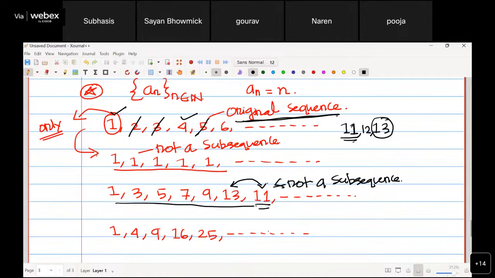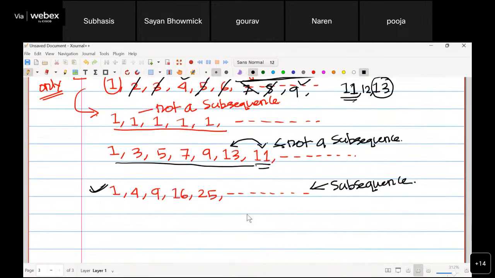I'm deleting a lot of elements, and at the same time making sure the order is preserved. So that means this is a subsequence.